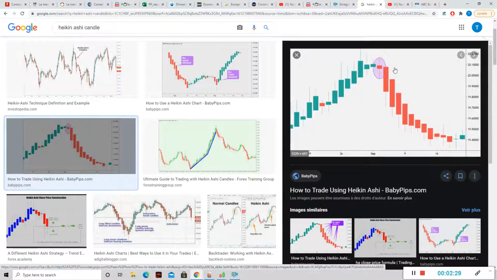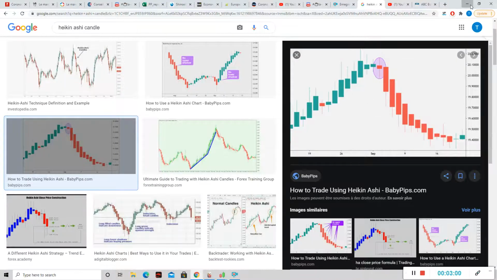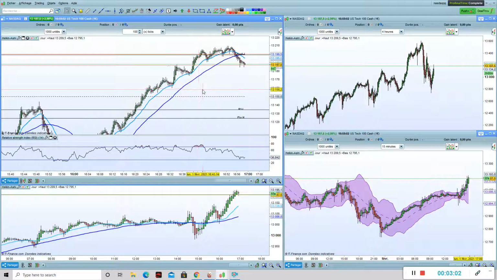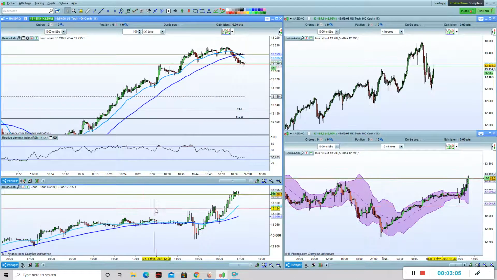For example, when you have a doji and then a candle without any upper part, it means you have a strong downtrend. The price will never go up half of the previous candle. I'll let you check on the internet how it works.